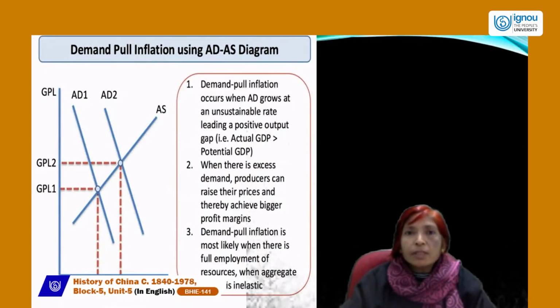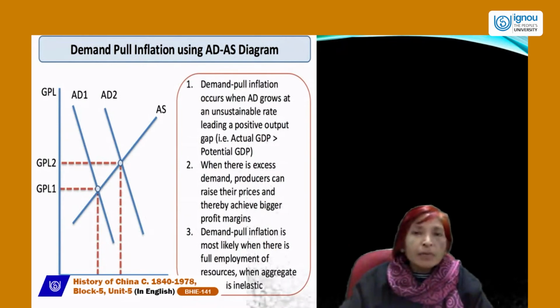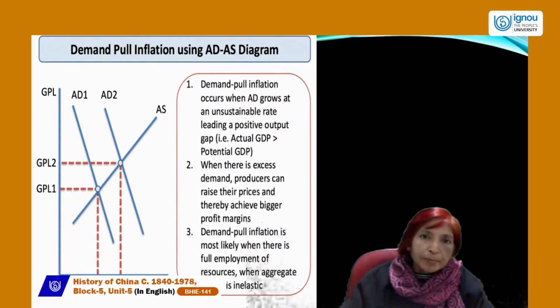When price falls, supply falls. So the aggregate supply curve is always an upward sloping curve and the aggregate demand curve is always a downward sloping curve. Where both curves intersect each other, the equilibrium point is determined. At this equilibrium point, price level and income level will be determined.